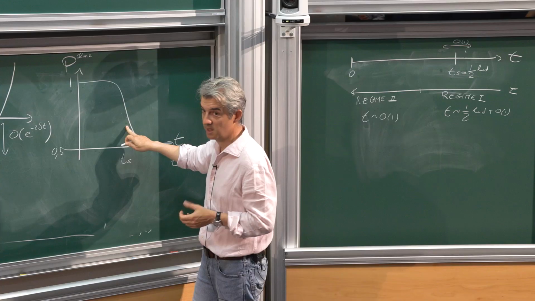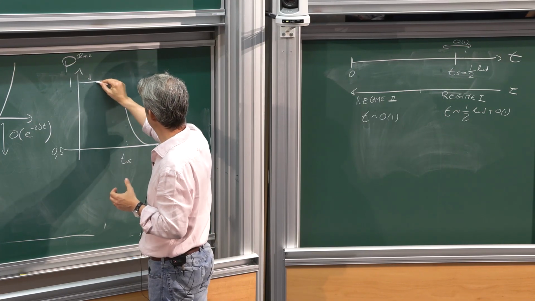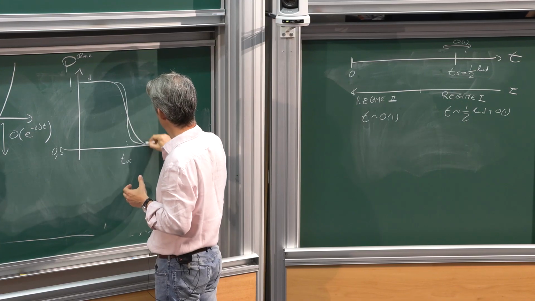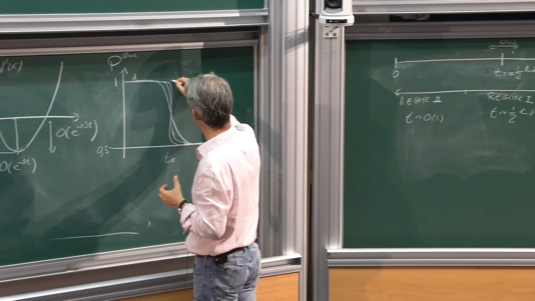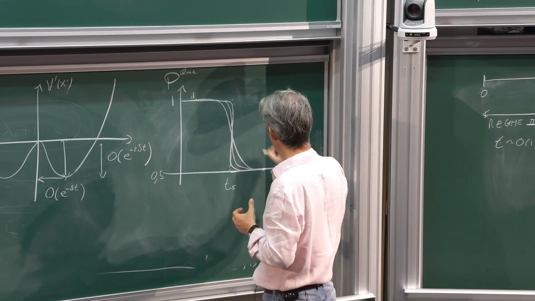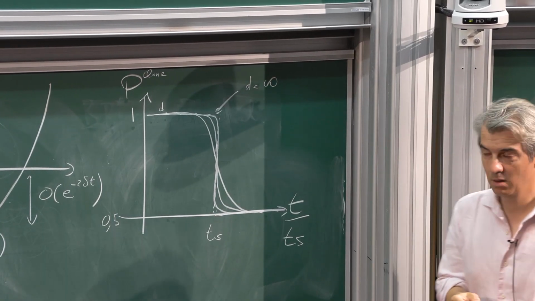Now, this is what you get for a certain dimension d. If you increase the dimension, what you see is something like this. And if you increase the dimension more, it is something like this. And then when d goes to infinity, you have a true transition. Okay?